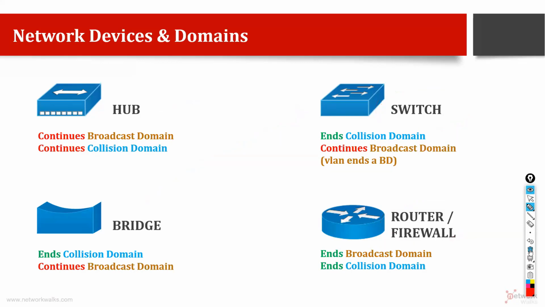Switches are like bridges, but with many ports. Before understanding how they emerged and why we have switches, we need to understand what the switch does and what the router does. Your focus should be on switch and router. Don't care about other devices because they are old. They are just for reference purposes these days. Nobody uses hubs or bridges these days. We only use switches and routers everywhere.